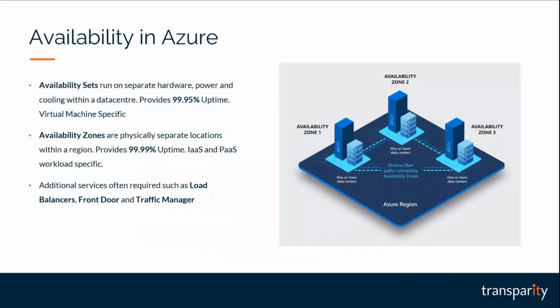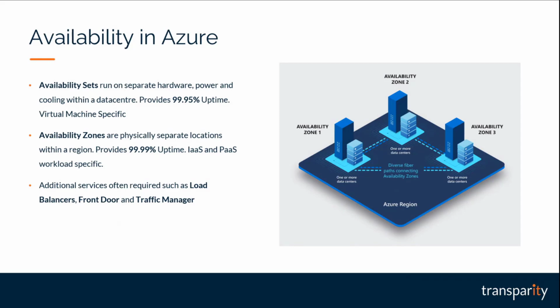So let's talk about availability first of all. Really commonly used services here in terms of availability sets and availability zones. If we are working with customers on production workloads, it is inevitable that they will fall onto one of these services normally, especially production workloads. So what do we mean by these?